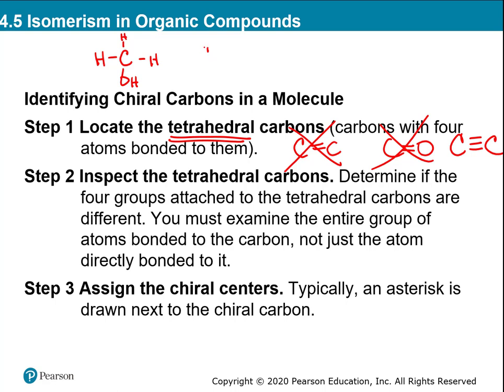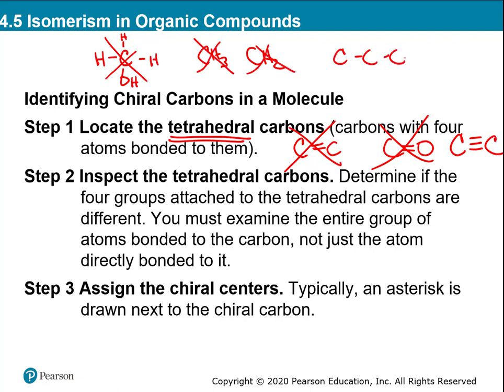So if you see something written in a condensed structural formula and it says CH3, could that possibly be chiral? No. If you see one that's written with a CH2, could that possibly be chiral? No. So most of the things we've been talking about and naming, they're not chiral. Most of the molecules, it's got to have 4 different groups. So if there is more than 1 hydrogen directly connected to the carbon, then there's no way that it can be chiral. So this one's not, this one's not.